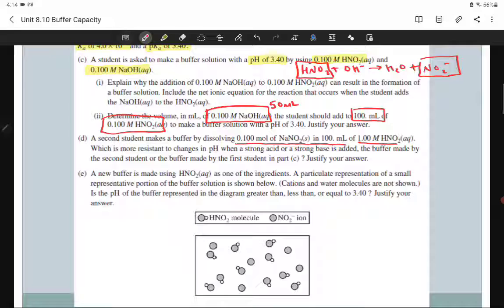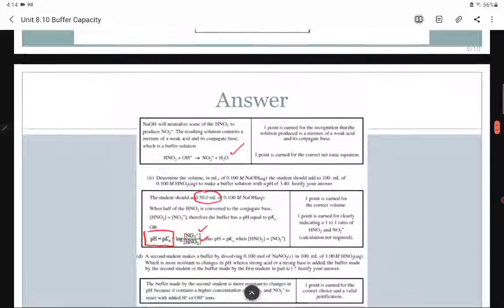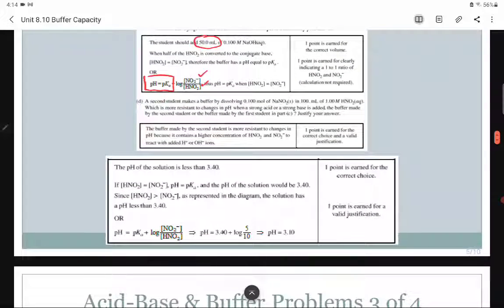Whichever one has more moles. I believe the second student's is going to give us more moles than the first student's. If you work out those milliliters with that molarity, you would find the second student has a greater number of moles. Double check our answer: the buffer made by the second student is more resistant because it has higher concentration.